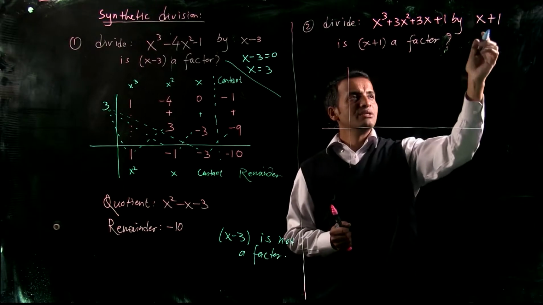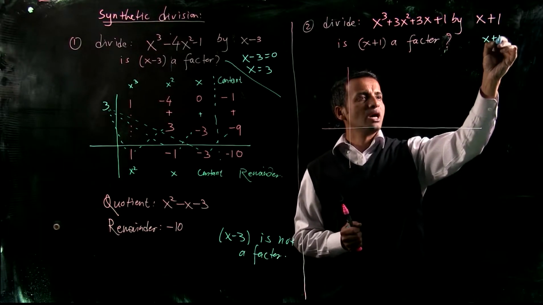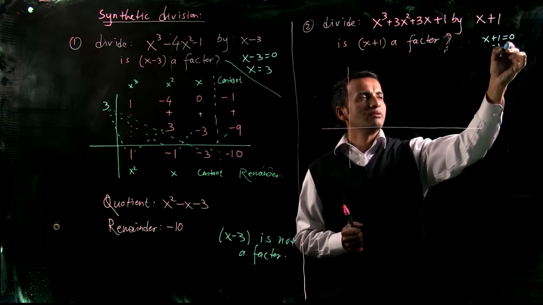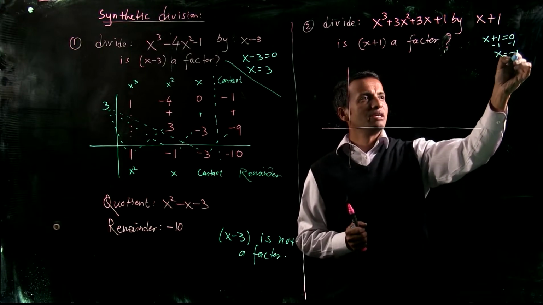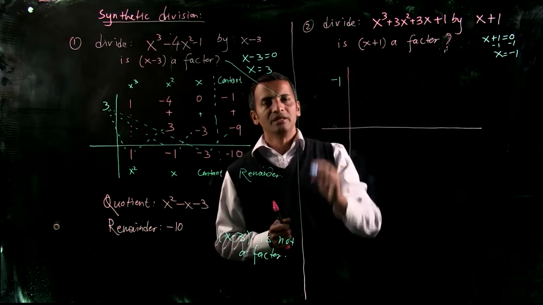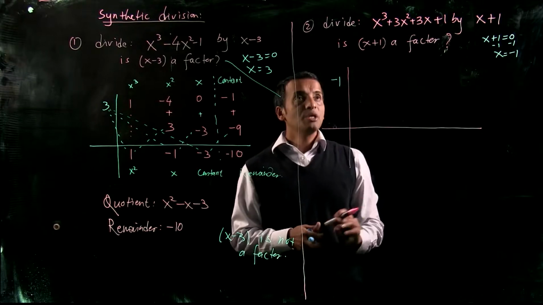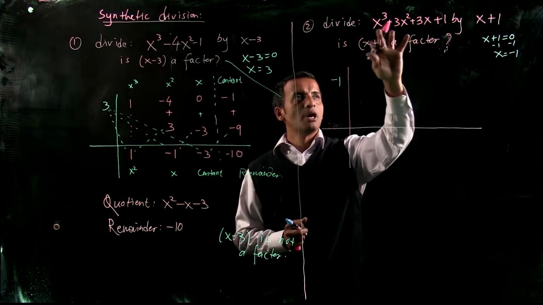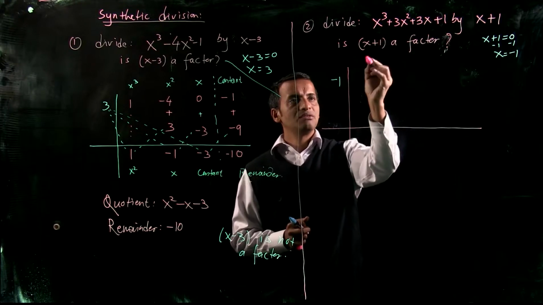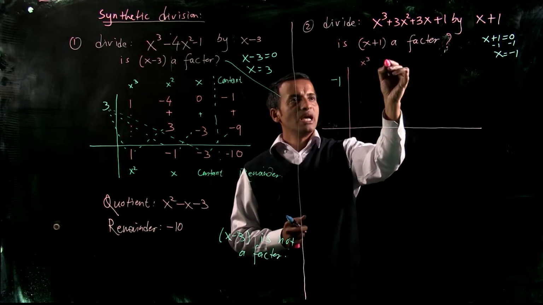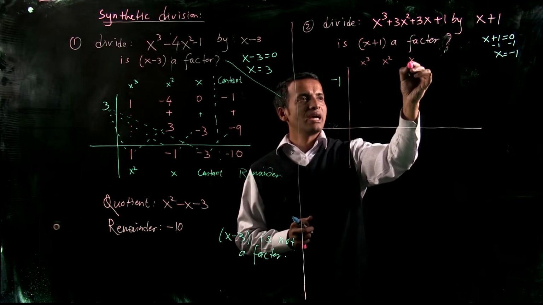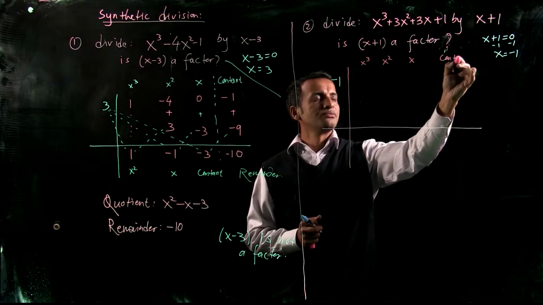Since you are dividing by this, you solve it for x: x plus 1 equals 0, subtract 1, so x equals -1. You write -1 here. Similarly, the degree of this polynomial is 3, so you start from x cubed, then write x squared, then x, then the constant.